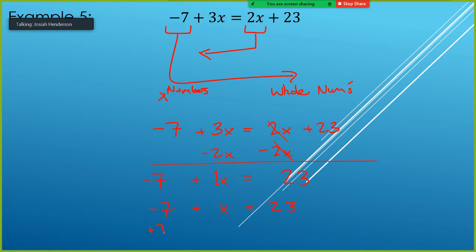So I want to add 7. And if I do it to the left side, remember, I've got to do it to the right side for the property to work, for the scales to stay balanced. So we get x is equal to 30. I'll write that up here. X is equal to 30.